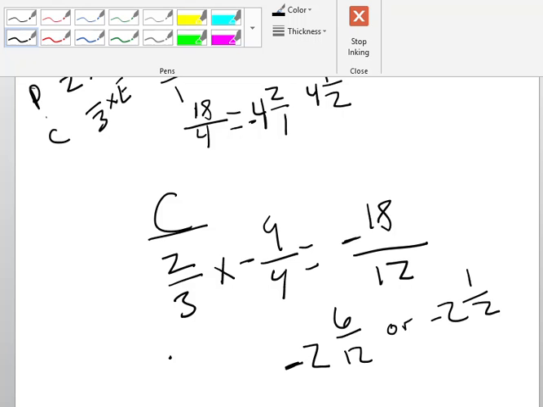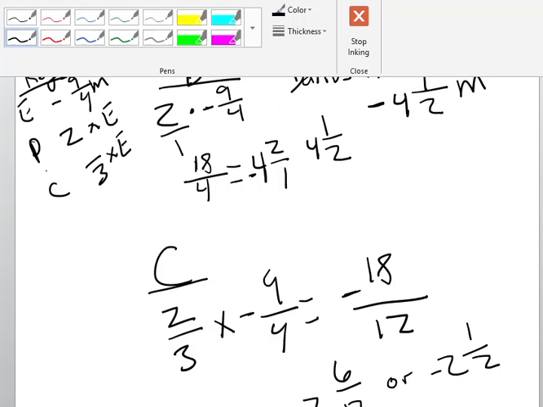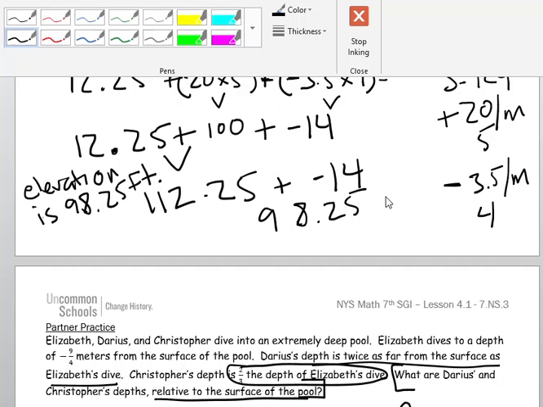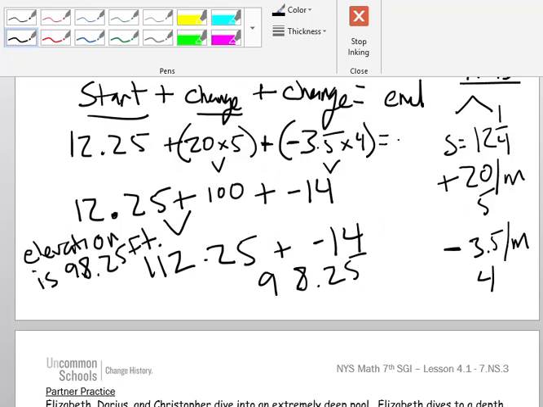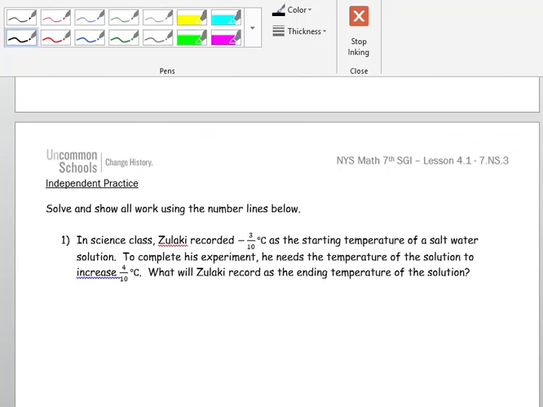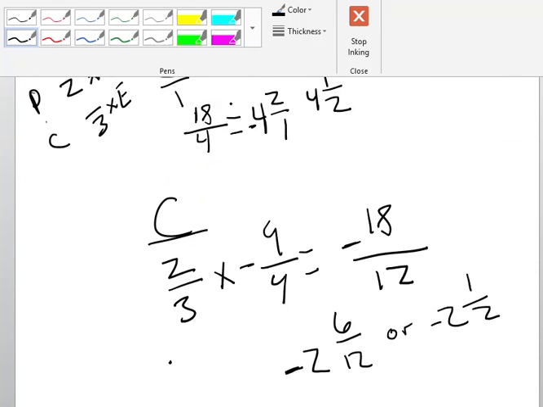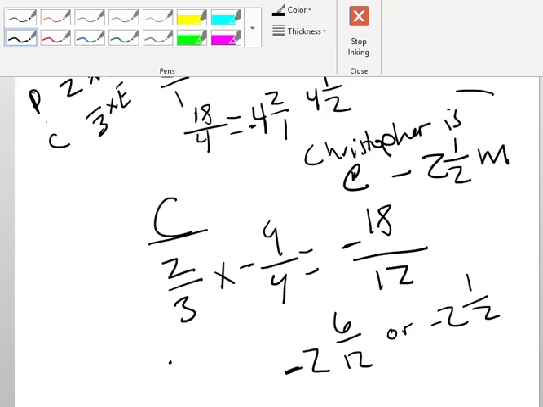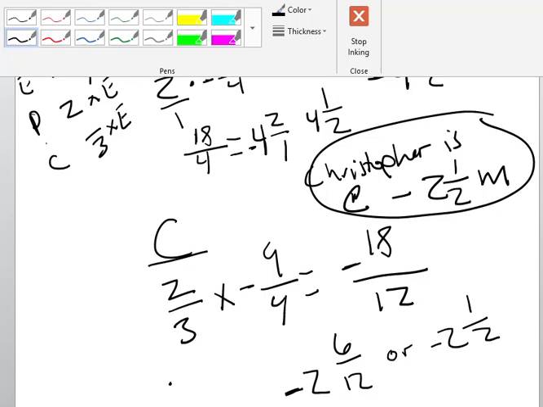So Christopher's depth is negative 2 1/2. All right. Do not forget your units.